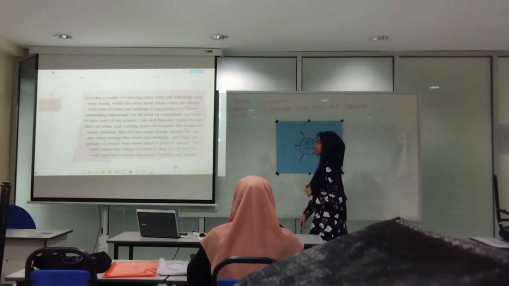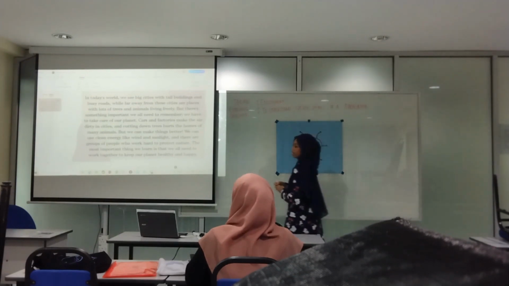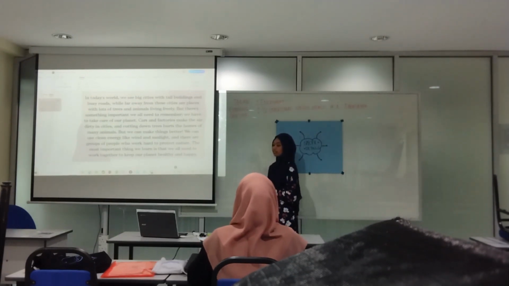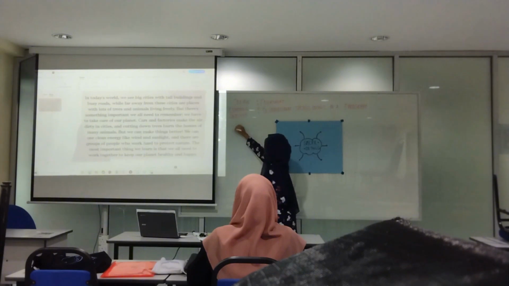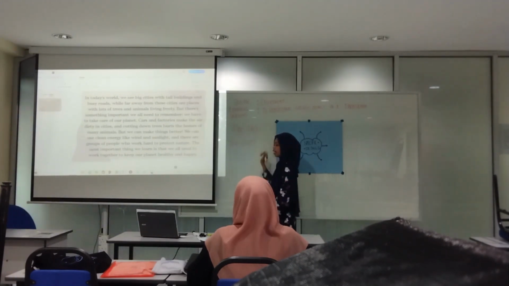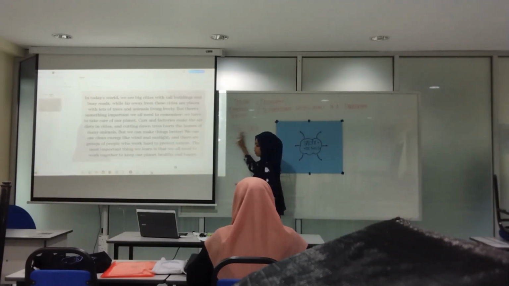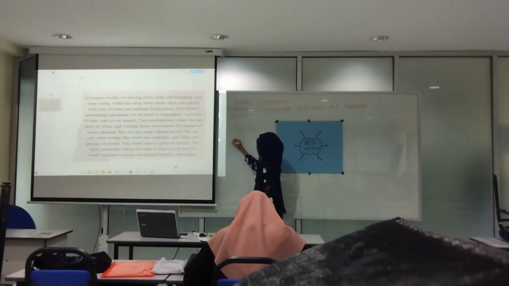I will give you 10 minutes to identify the specific details. I want you to look at the main idea, read carefully, and follow the main idea. Do you understand? Understand.